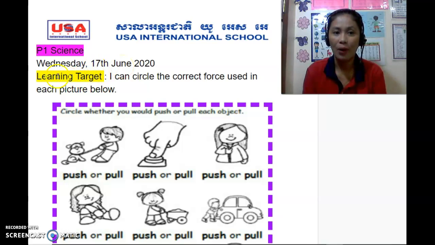Okay, so again, our learning target for today is that I can circle the correct force used in each picture below. So this was your assignment yesterday, and teacher just wants to make sure that you write or circle the correct answer.